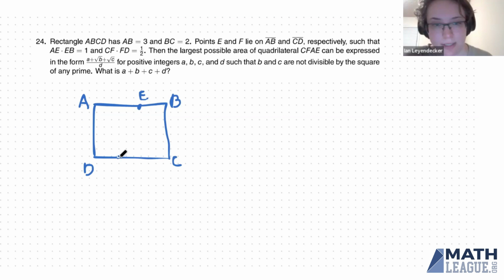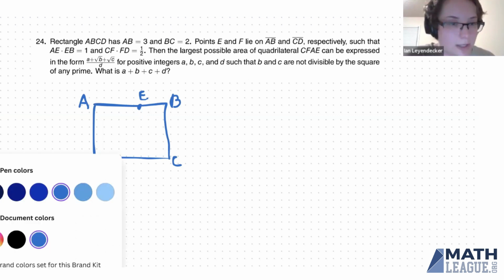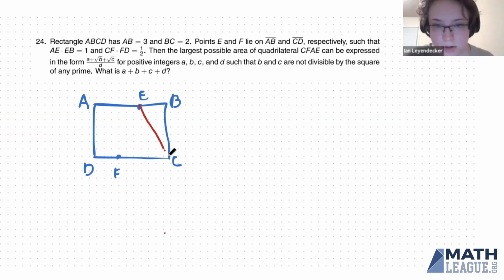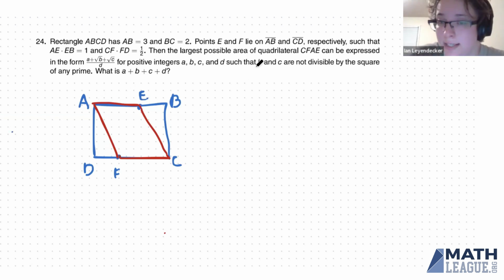And I'll put F here. And in this case, I'll actually do this in a different color. So here is our quadrilateral CFAE.